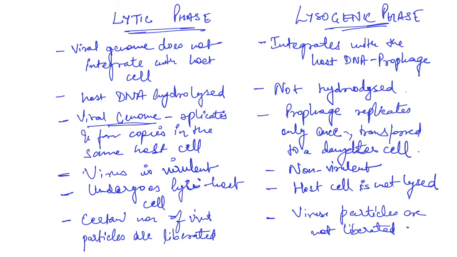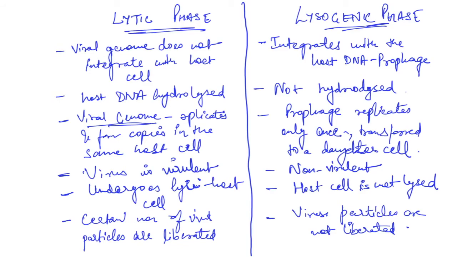It remains in the daughter cells. Okay, so these are the basic differences between a lytic and a lysogenic phase. So you should remember both the differences mentioned, as it is important from the exam point of view. And here we end with the reproduction in viruses.